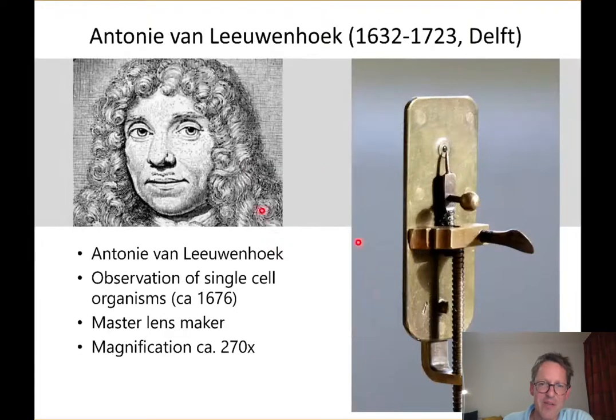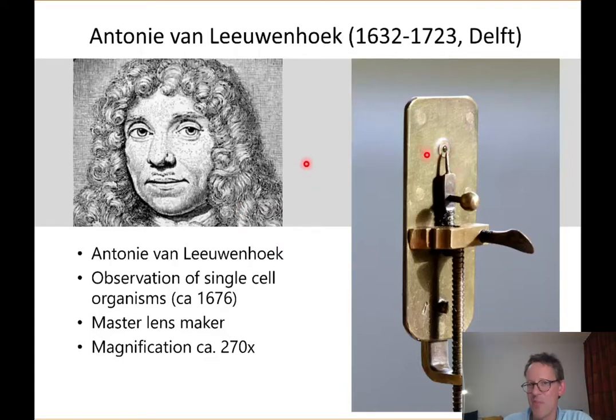In fact, slightly earlier than Hooke, this man here, Anthony van Leeuwenhoek, who was a Dutch tradesman, he traded fabrics and clothes at the time. He lived in Delft. He produced a microscope that was much simpler.